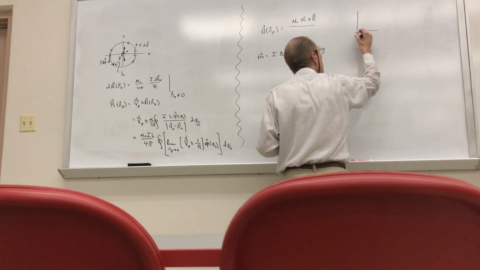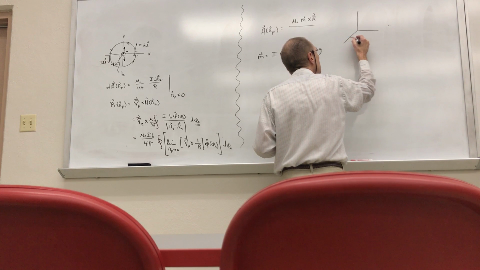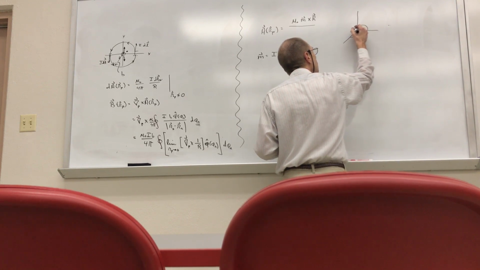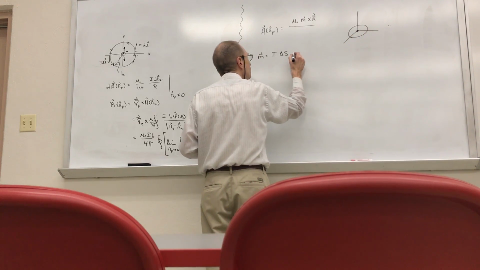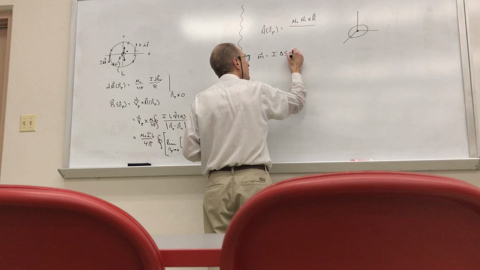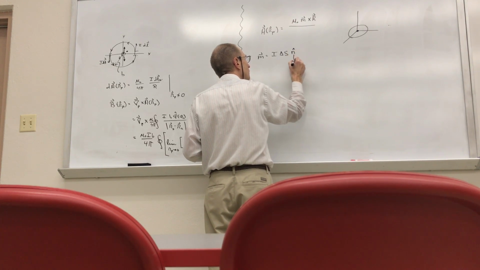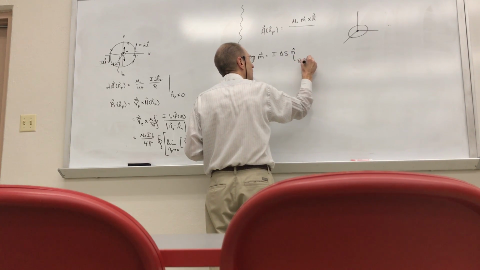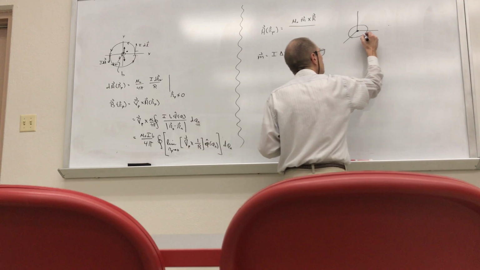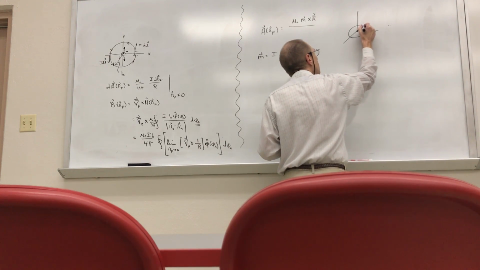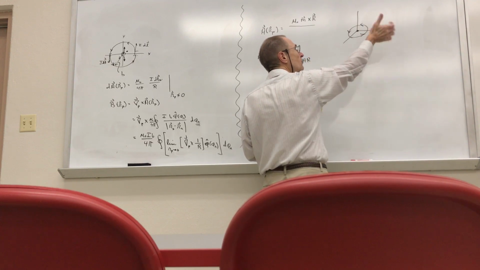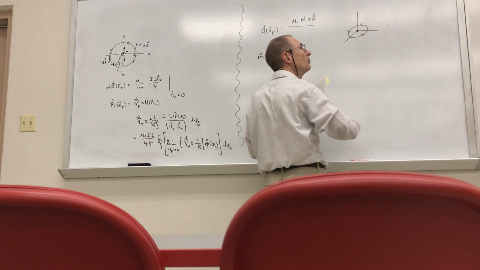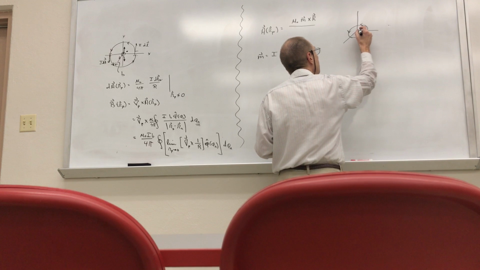Last lecture, we were looking at that dipole moment in the z is equal to 0 plane. The dipole moment satisfies a right-hand rule orientation, where our fingers curl in the direction of current flow, and hence our dipole moment is perpendicular to that plane.